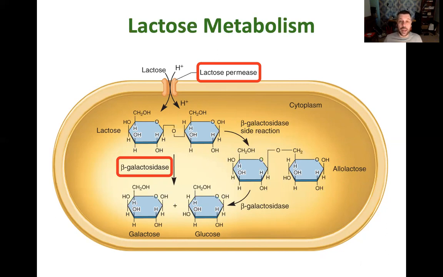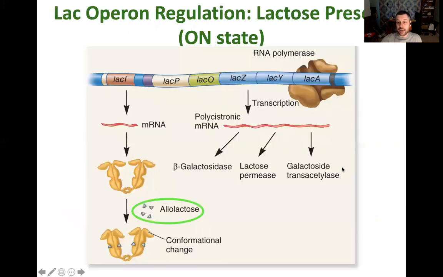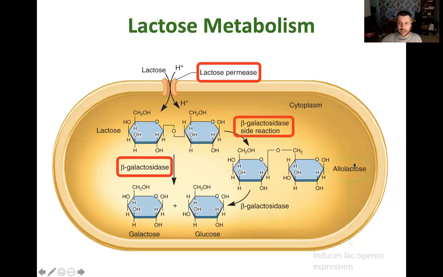What that would mean is that you wouldn't make lactose permease, which would mean there wouldn't be a way to get lactose into the cell. And if you can't get lactose into the cell, how are you going to make allolactose, which is going to induce this operon? The answer to that is an important one that helps you think about these cells in a more accurate way. And here's the answer.